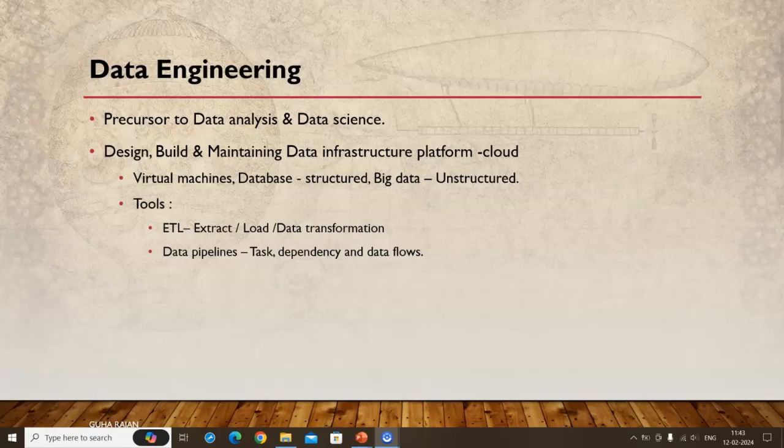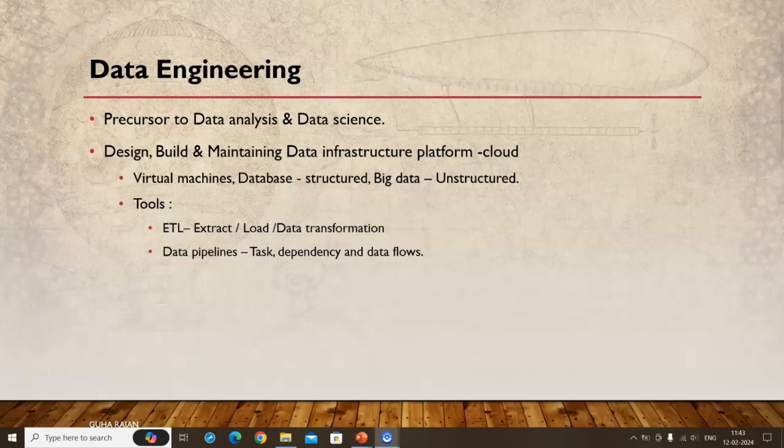And finally, the tools involved are the ETL process, that is extract, transform, and load. That is where, as I said, the data needs to be transported to some cloud infrastructure through the process of ETL. ETL is a pretty old term since data warehousing was there.